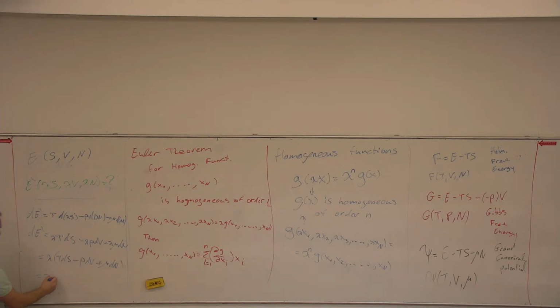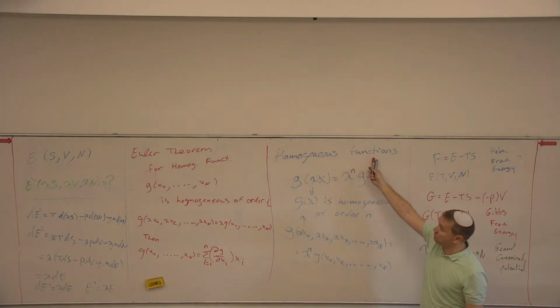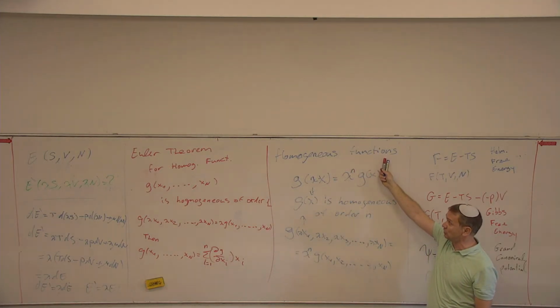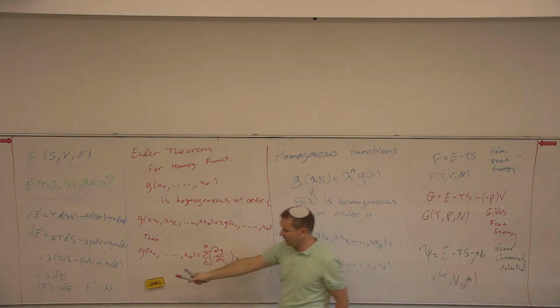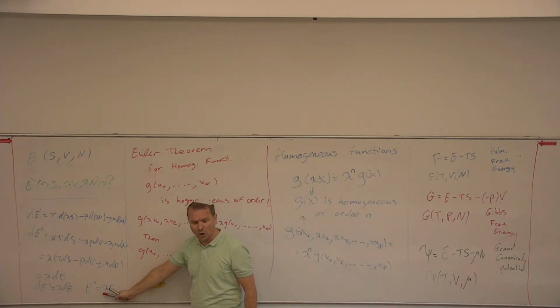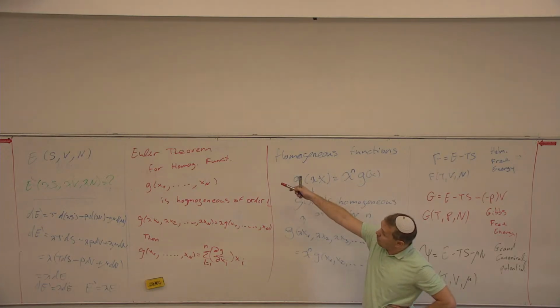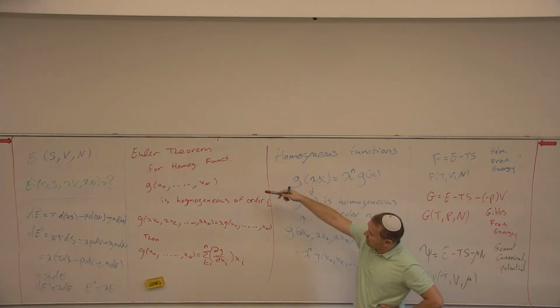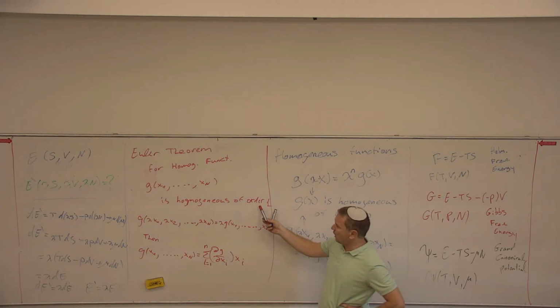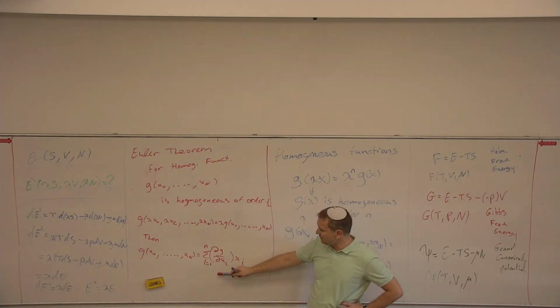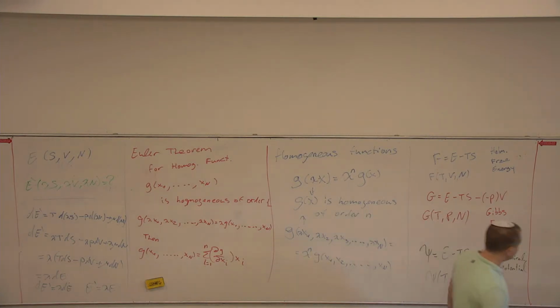So this is lambda dE. I obtain that dE prime equals lambda dE, meaning E prime equals lambda E. Alright, so I have a homogeneous function. The energy is a homogeneous function of order 1. I increased everything by lambda, and the function also increased by lambda. And another theorem says that if I have a homogeneous function of order 1, I can represent it in this form. So let's write it down.